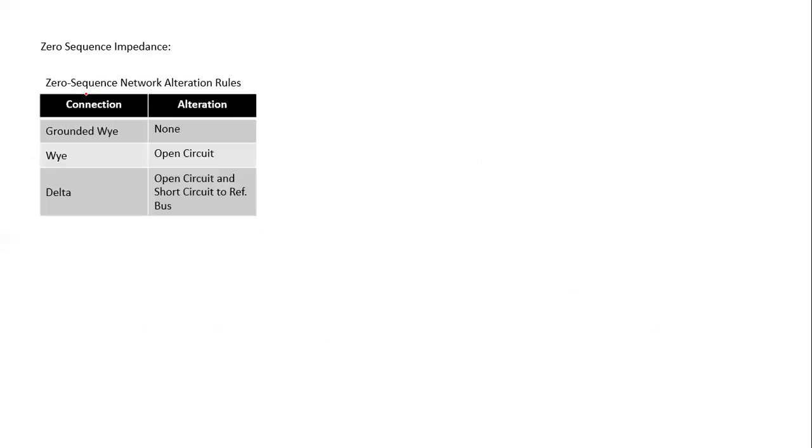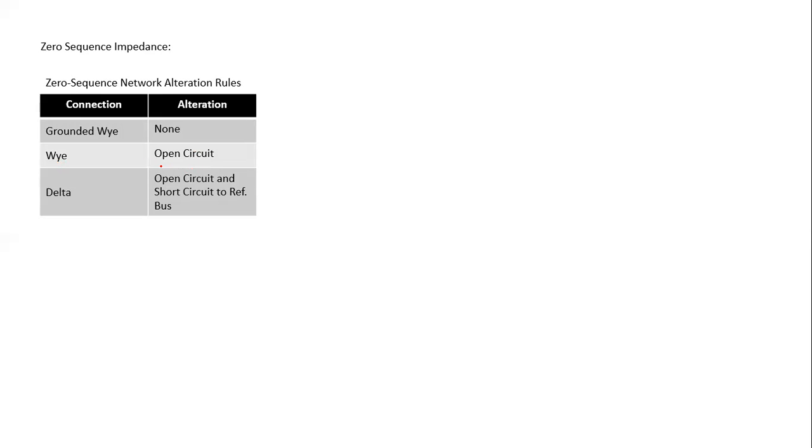For the zero sequence impedance, we have to consider these alteration rules. If the connection is grounded Y, there is no alteration. If the connection is Y, we replace it with an open circuit.